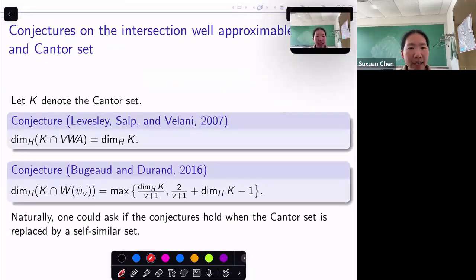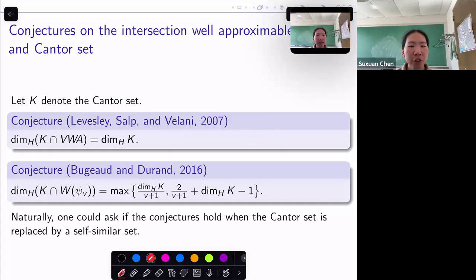So we let K denote the middle third Cantor set. There is a conjecture by Levesley, Salp, and Velani in 2007, saying that the Hausdorff dimension of the Cantor set intersect with very well approximable numbers is equal to the Hausdorff dimension of the Cantor set. So this says that very well approximable numbers have full Hausdorff dimension within the Cantor set.